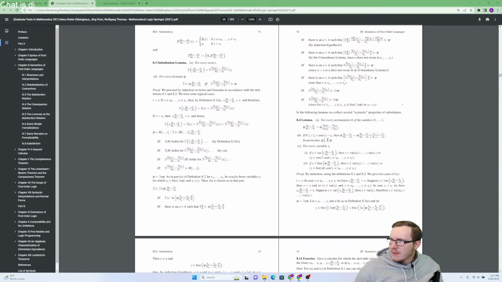Then it says for every variable y, if y is within the variables after a substitution inside of the terms, then y is within any of the individual terms, or y is within the var of t, because he didn't do any of the substitution.